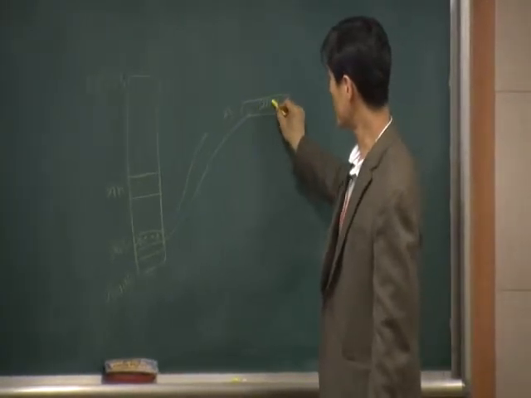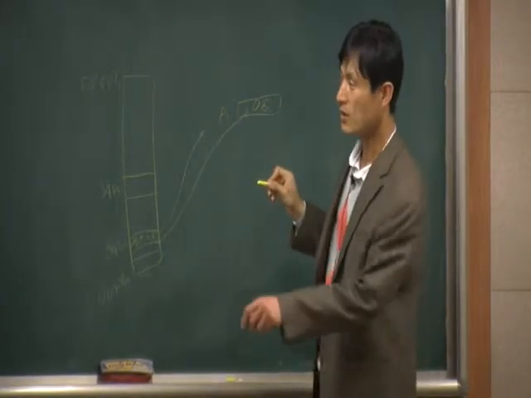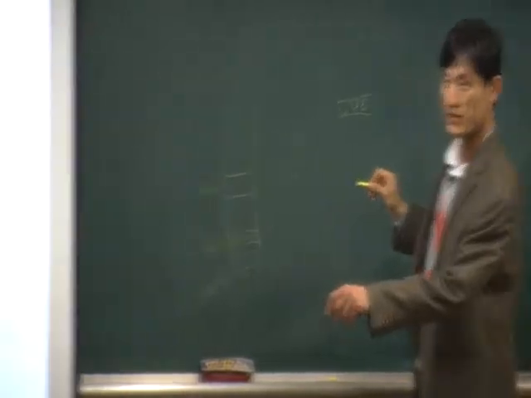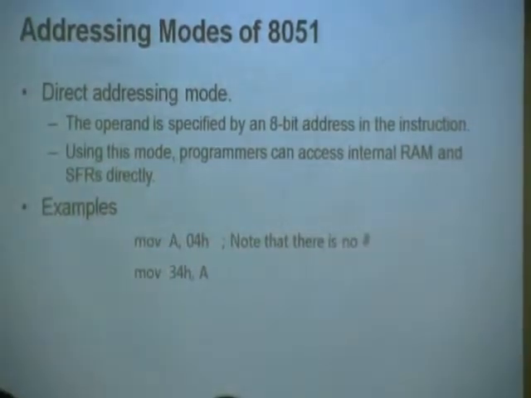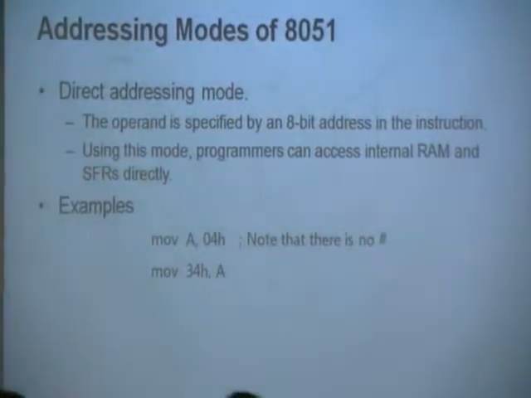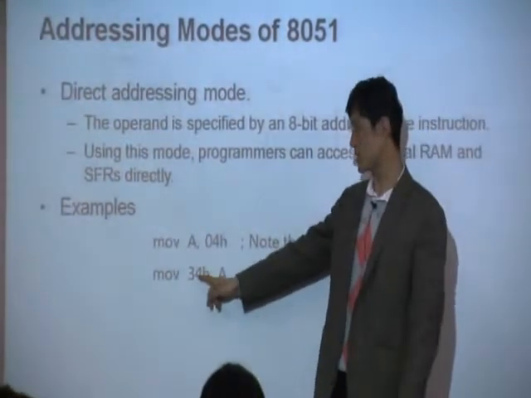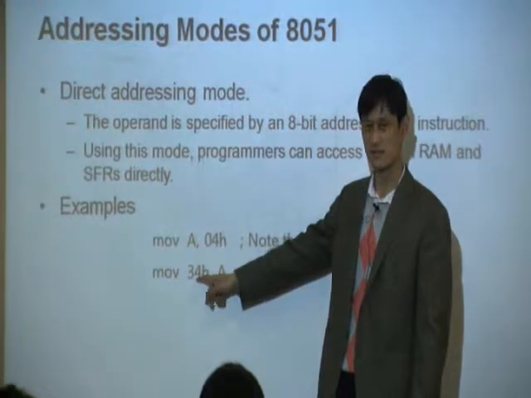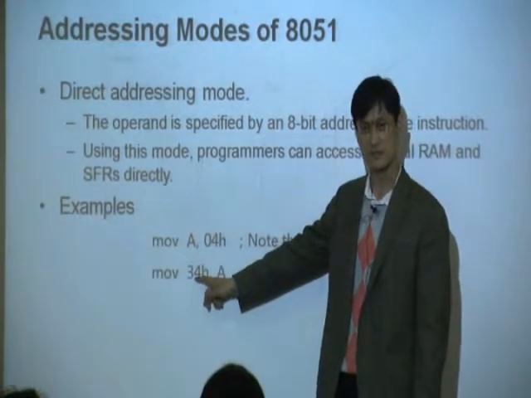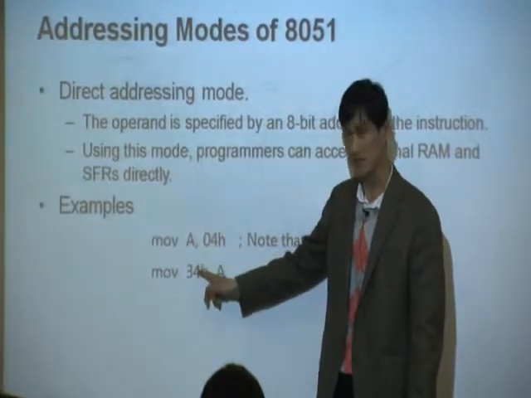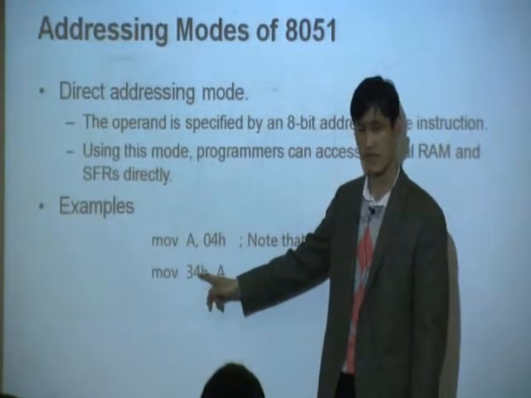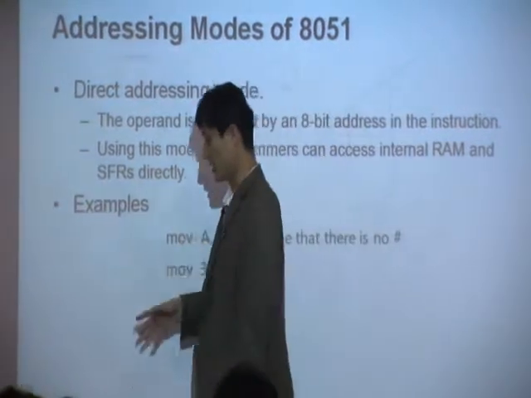Let's say we have 08 in A. When you execute the second line, this value is copied into here. Again, this 34H is also an address. This is not a value. You copy the value in A into this place. So that's direct addressing.